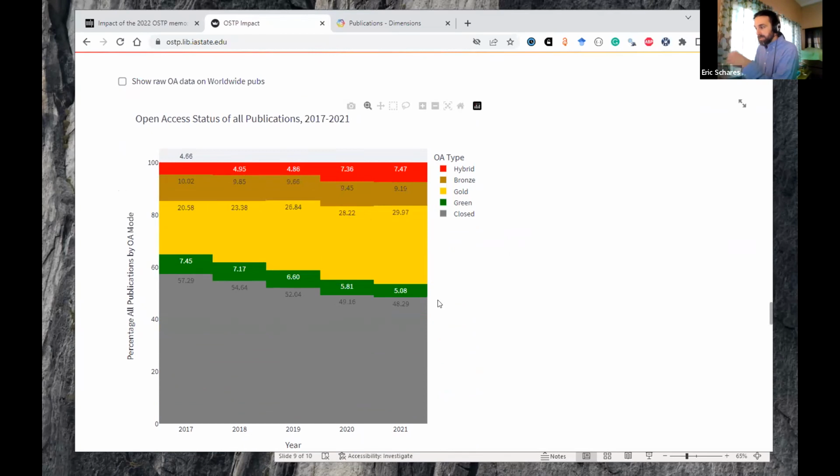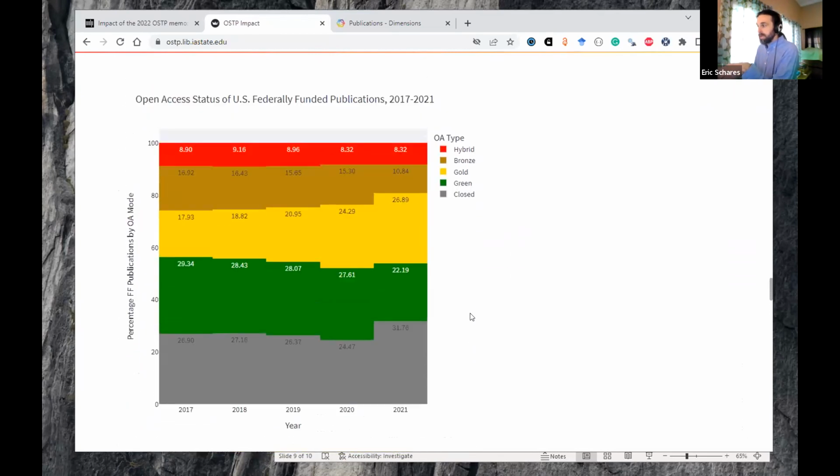But what jumps out at me here is that around half and maybe well over half of all publications were closed, whereas if we jump back up here, federally funded was around a quarter. So I could say that papers that acknowledge US federal funding are already much less likely to be published closed access and more likely to be published green, deposited in a green repository.